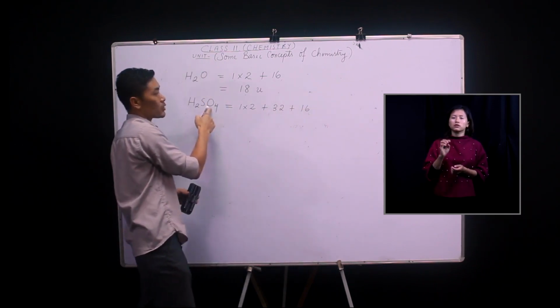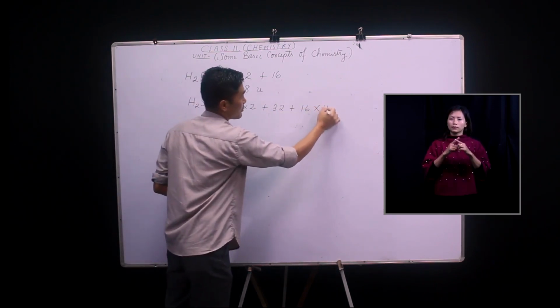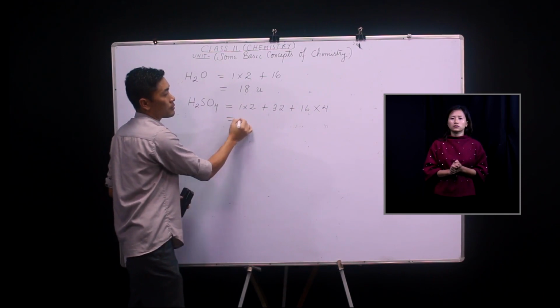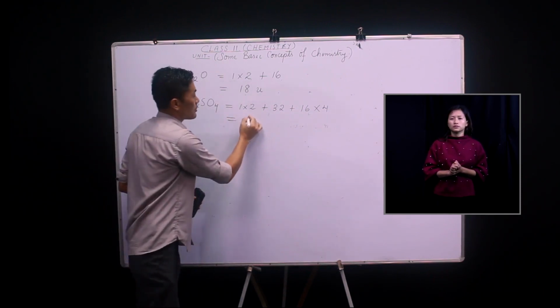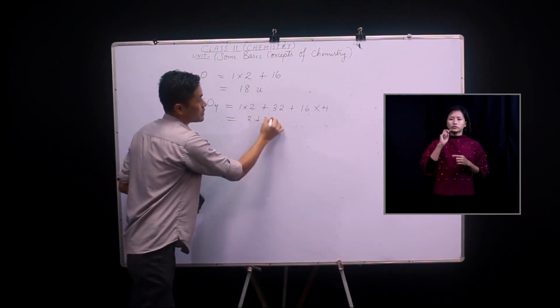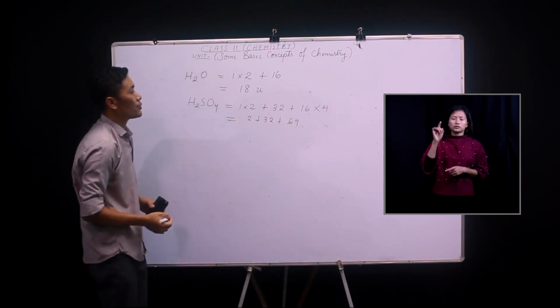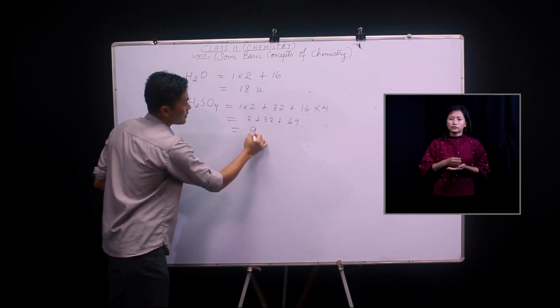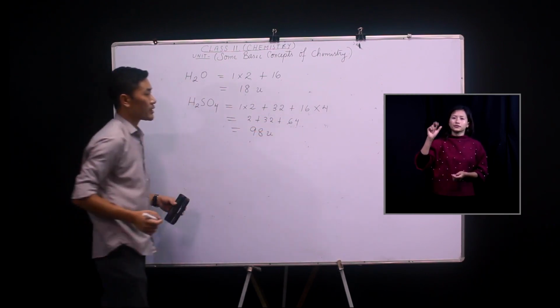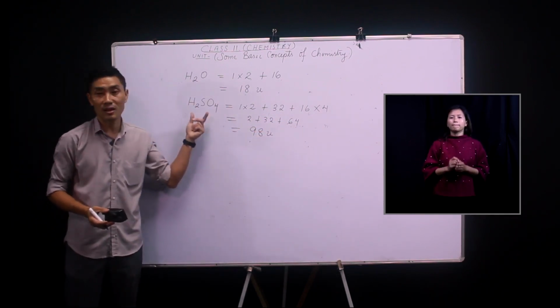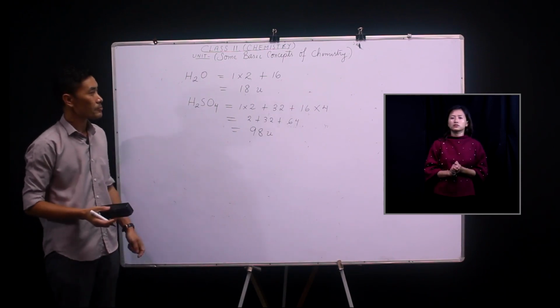There are 4 oxygen atoms here, so we multiply this by 4. 2 plus 32 plus 64. This should give us 98 unified mass, and this will be the molecular mass of sulfuric acid.